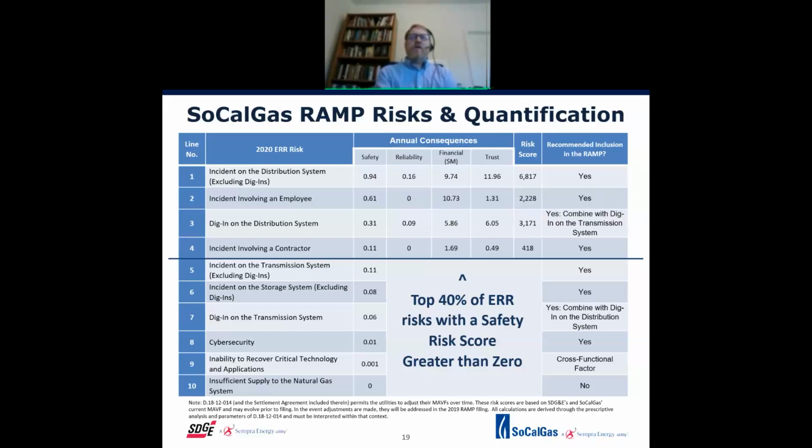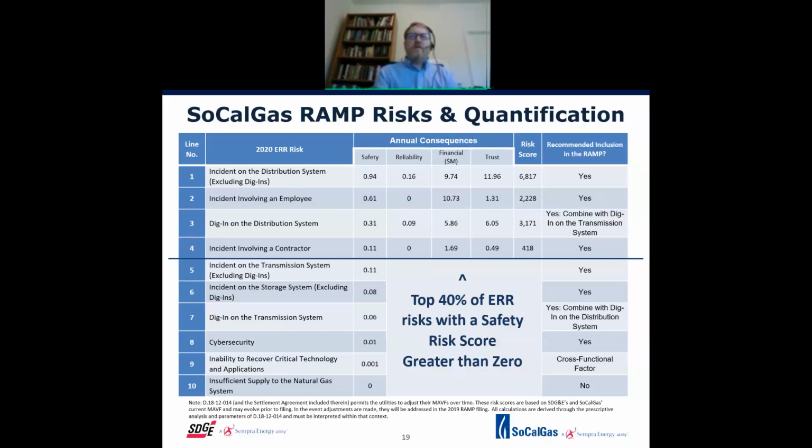The quantitative analysis around it, and back to those tranching conversations, will still be tranched and thought of as having different risk profiles and different likelihoods and consequences. Those will still be separated out. But for the purposes of the RAMP, we think it's better if we combine those two chapters, and we can go into that later if anybody desires.